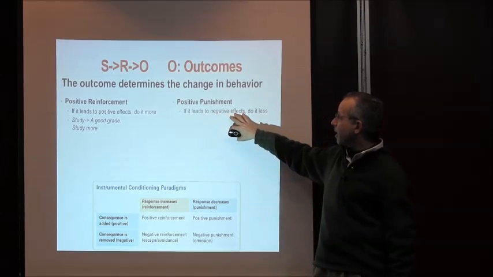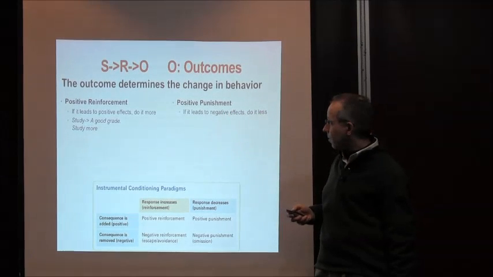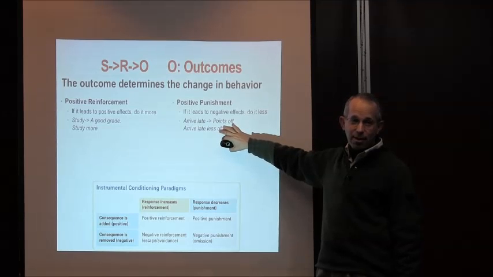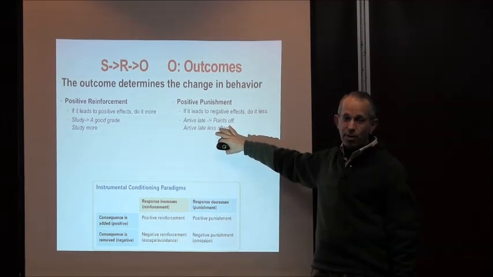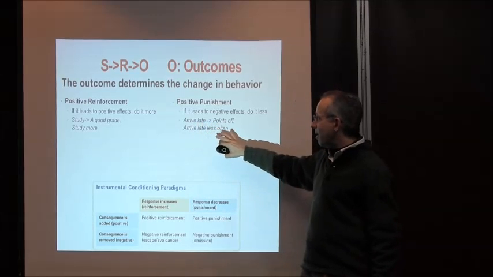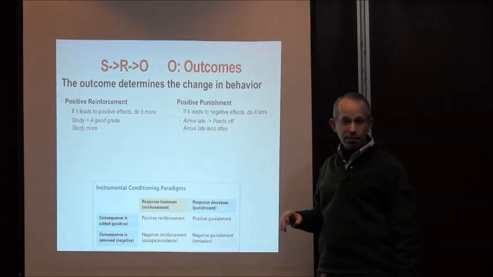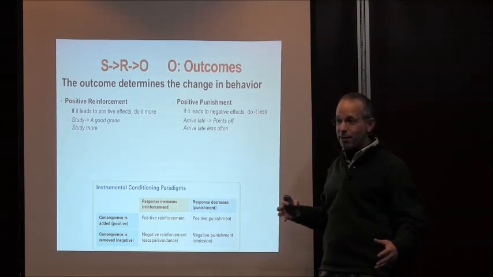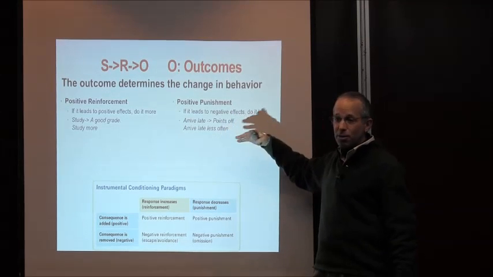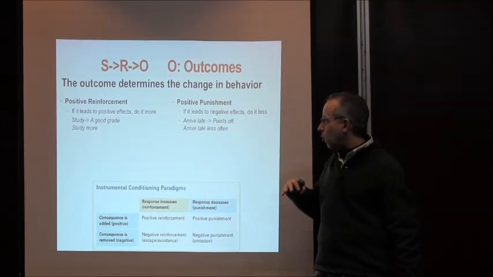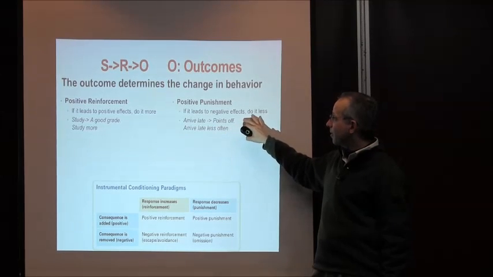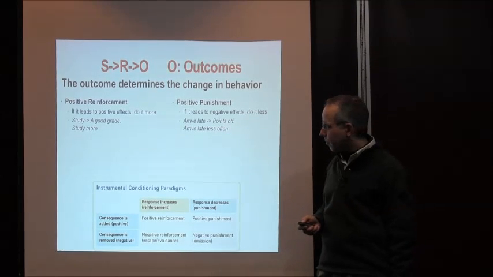If something leads to negative effects, you do it less. So imagine that I take attendance and it counts, or I give you a quiz in the first few minutes, as I threatened to do, and I may well do again. Then if you arrive late, you get points off. You have your grade, and you arrive late. Something which is good, your grade, your points, gets lowered. So if you lower something good when you do something like that, you'll do it less often.